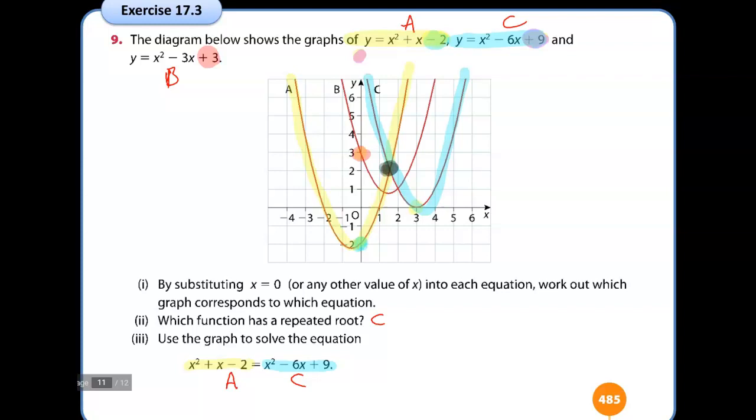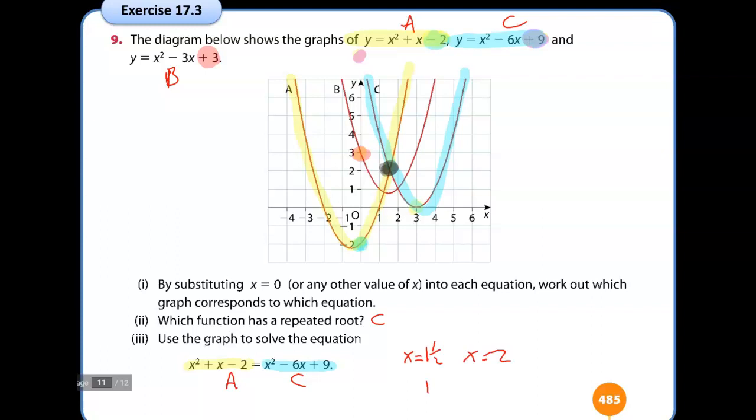So read off that value. Now it's not an easy answer. It looks about 1.5. The y value looks a little bit more, about 2, or maybe more than 2. I'm willing to suggest it's 2.